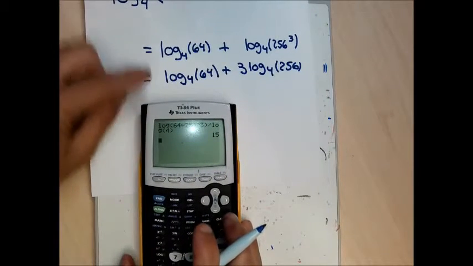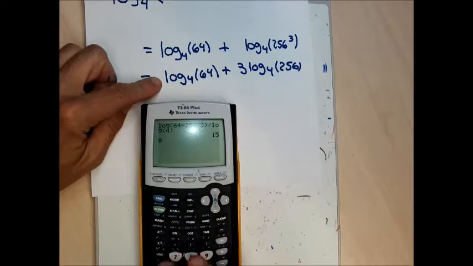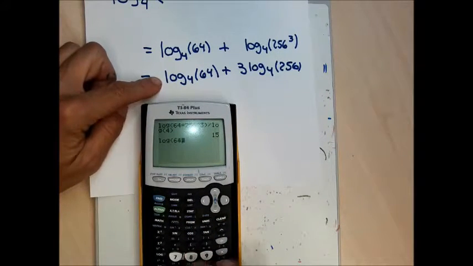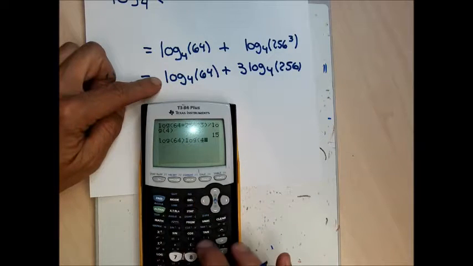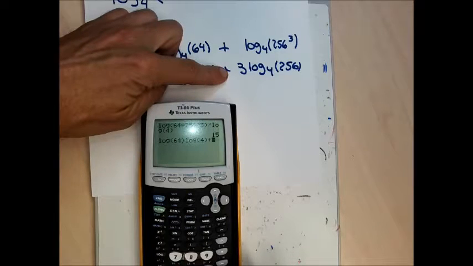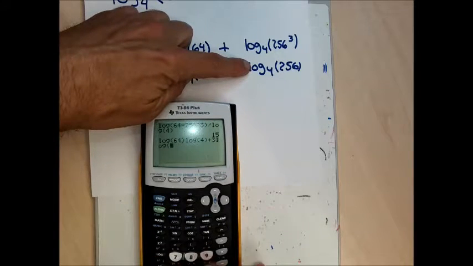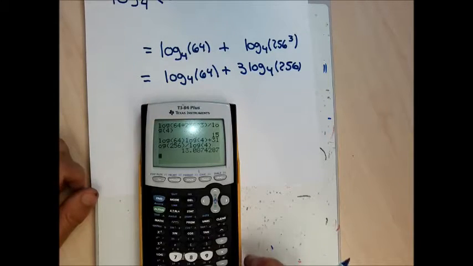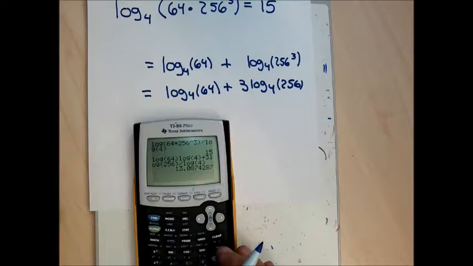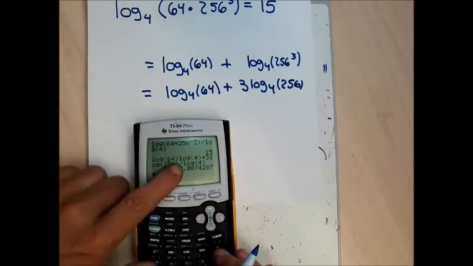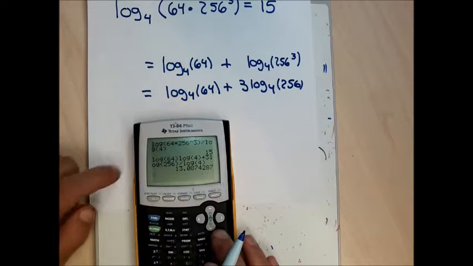My rewrite of the problem, expanding it, I do the log on my calculator of 64 divided by the log of 4, close out the parentheses there, and then here I'd go plus 3 times the log of 256 divided by the log of 4. And if I did it right, this whole thing comes out to 15. If I did it wrong, then I don't know what I did wrong there. Oh, I forgot the divide sign between the 64 and the 4. Let me redo this one.